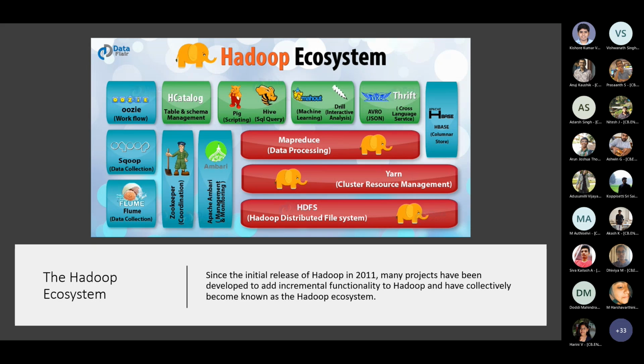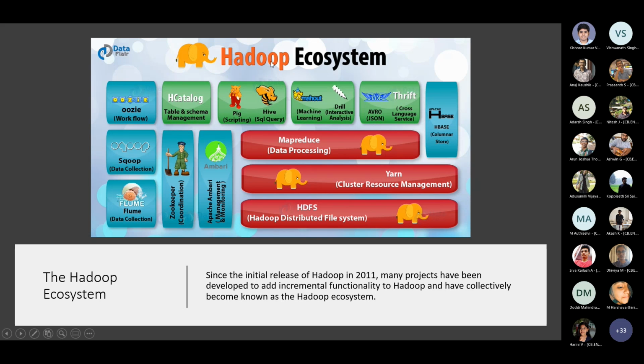So that's the idea, and you can see here that the whole ecosystem has got multiple things in it. These are the 3 basic things that you're seeing: the MapReduce, YARN, and the HDFS system. And along with that, you have multiple add-ons which will help you make sense of the data.